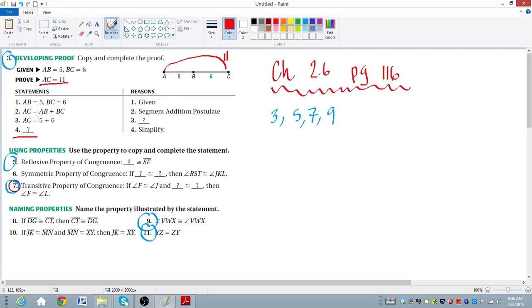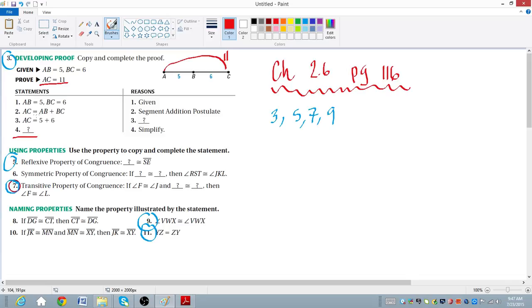Line number 2. AC is equal to AB plus BC. Well, because we know by the segment addition postulate. We know that. It's a postulate. Now, number 3. AC is equal to 5 plus 6. Well, how do I know that? How do I come from line 2 to line 3?